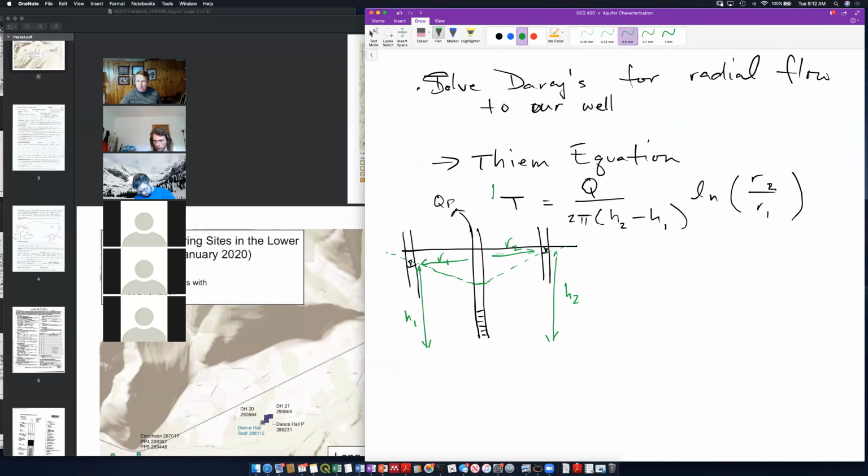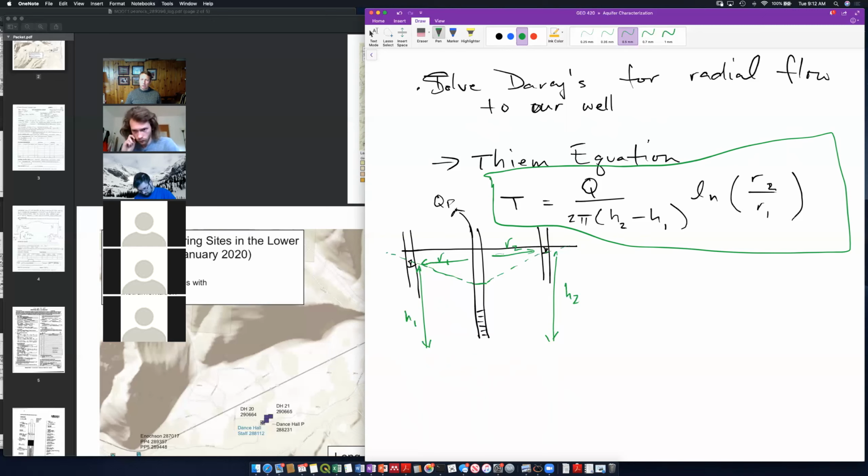So this is our Thiem equation that only works if we're at steady state. If our cone is no longer moving, we can use it and 2 measurements of head in 2 different wells to estimate our transmissivity.